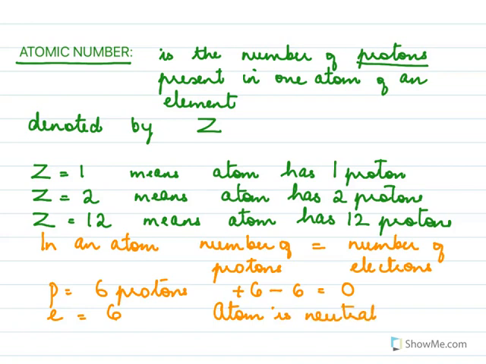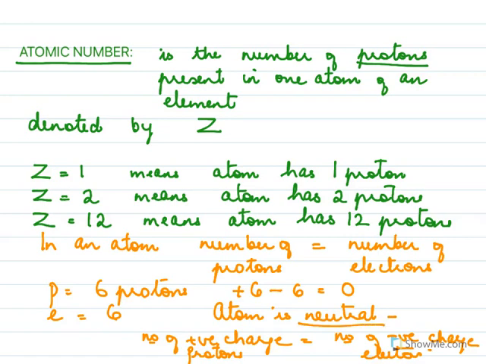Because the number of protons equal to number of electrons. Reason is the number of positive charge, which are protons, is equal to number of negative charge, which are electrons. So atom is electrically neutral.